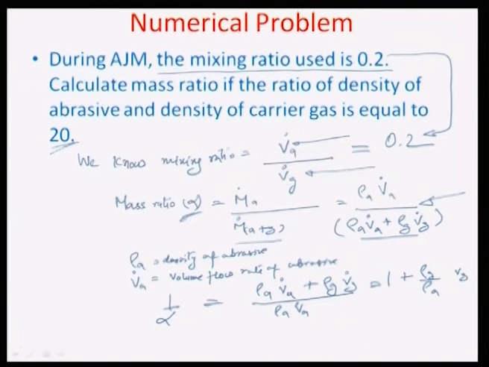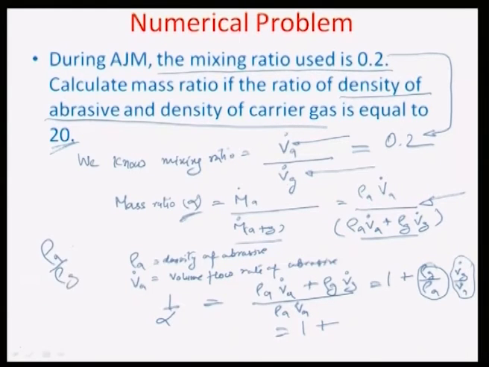times of Vg dot by Va dot, and therefore we already have the density of the abrasive and carrier gas, and that ratio typically is given here in the inverted manner, and then we also have the inverted ratio of the V dot G by V dot A. So, this becomes equal to 1 plus density of abrasive by density of the carrier gas is given to be 20.